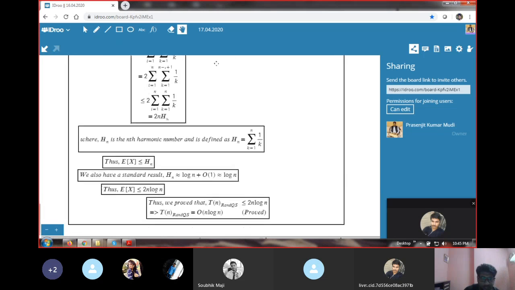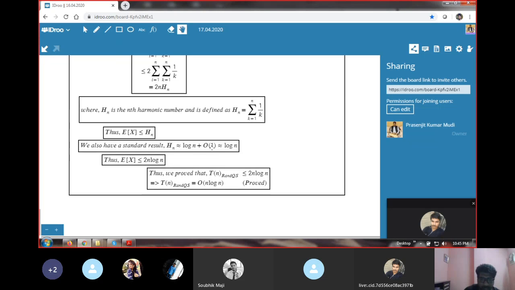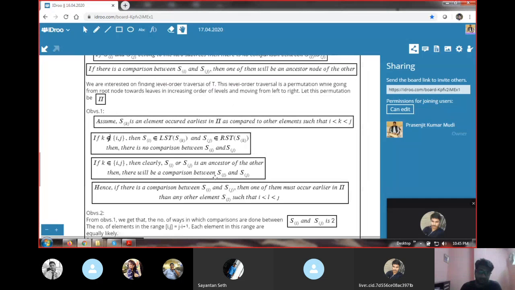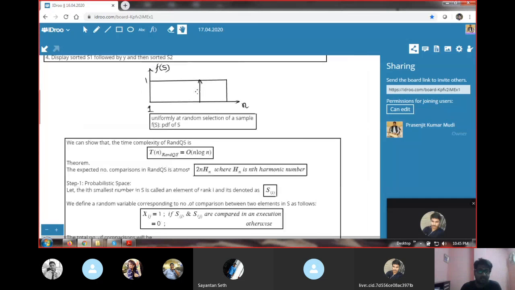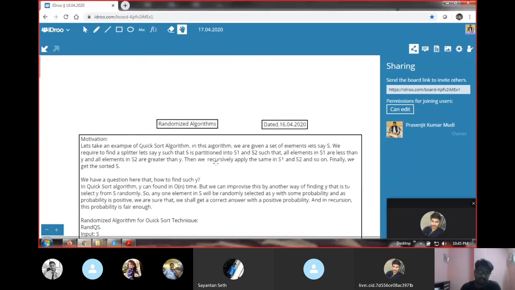From that theorem we get the result that the time complexity of the randomized algorithm is order of n log n. This is one example of how we can develop a randomized algorithm and perform its time complexity analysis.